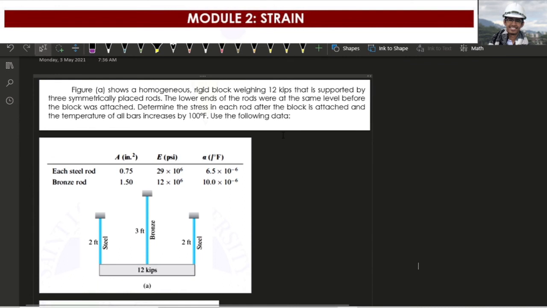Okay, so we have this figure, rigid block supported by steel, bronze. So calculate the stress in each rod after the block is being attached, and the temperature of all bars increases by 100. So due to temperature, magkakaroon tayo ng elongation, and due to the weight ng ating rigid block, magkakaroon din tayo ng deformation.